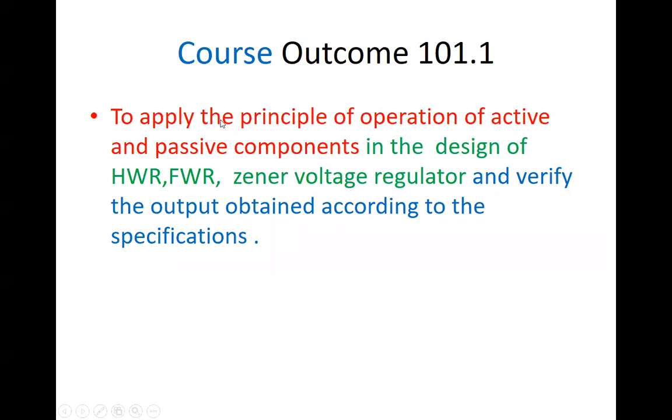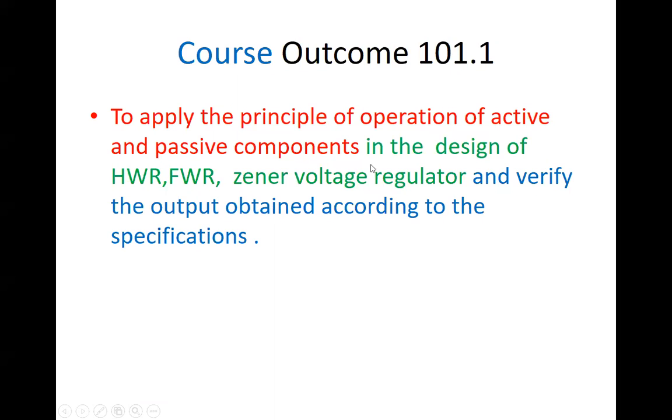To apply the principle of operation of active and passive components, which I studied in modules 1 and 2, in the design of half wave rectifier, full wave rectifier, Zener voltage regulator, and verify the output of these according to the specifications.